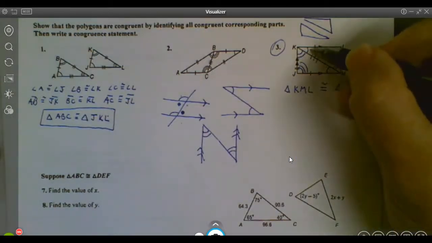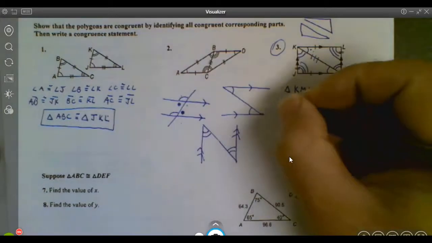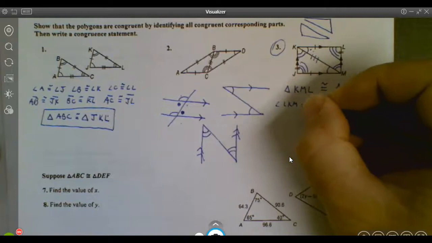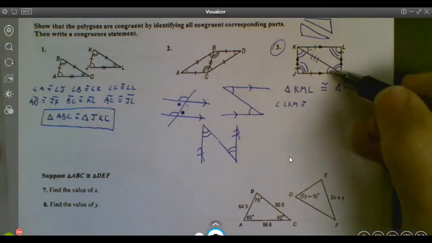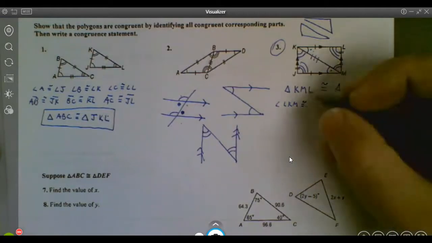I'm just not going to call this angle K. I need to call it with 3 letters. So I'm going to call the first one angle LKM, which is congruent to this one, which I'm going to call KMJ.